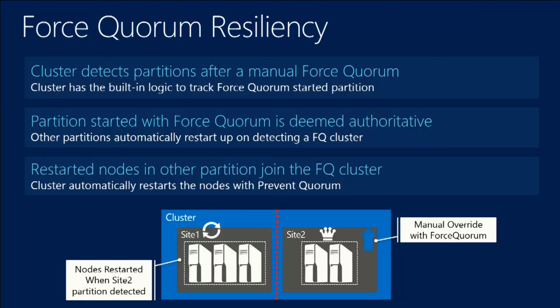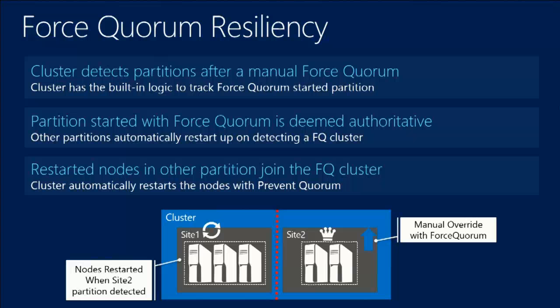Force quorum resiliency. This is actually a scenario that we have updated around force quorum in Windows Server 2012 R2. Let's say I have a DR site, a multi-site cluster. On the DR site, I remove the nodes' votes. And on my primary site, all my nodes have votes.